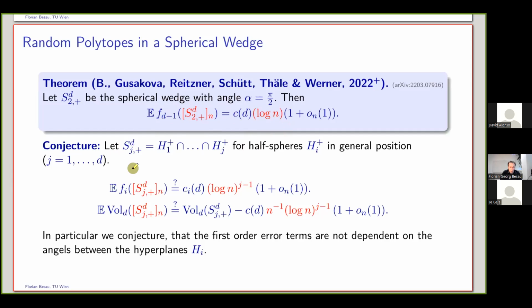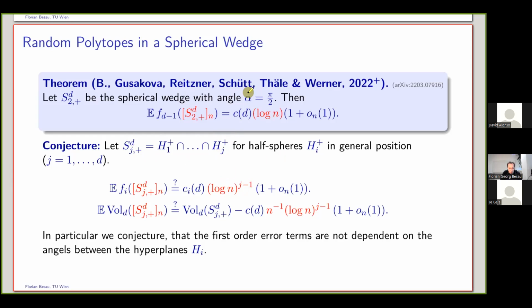And we have sort of a conjecture that these wedges can give us a family of spherical convex bodies, where you're intersecting closed half spaces, j of them in general position. Then we expect that the expected number of facets and expected number of i-dimensional faces behaves like logarithm n to the j minus 1.